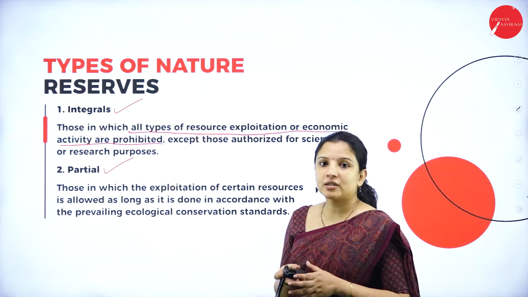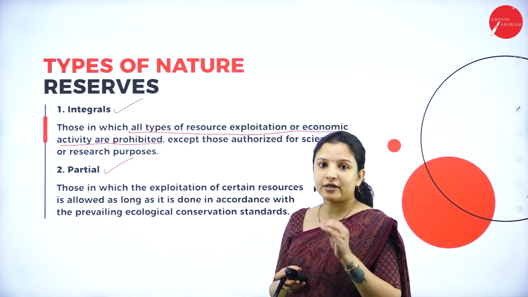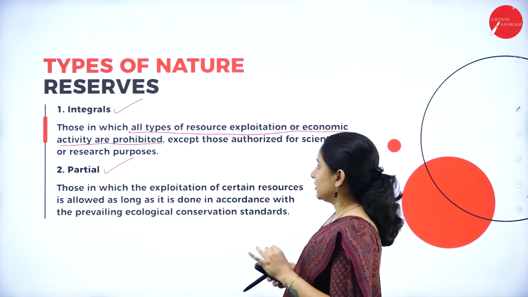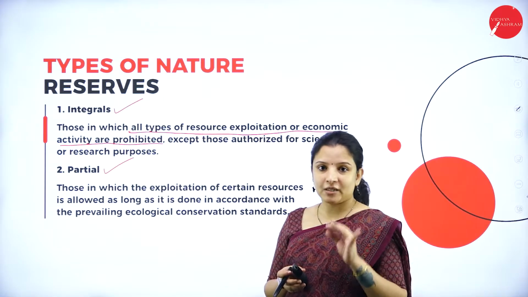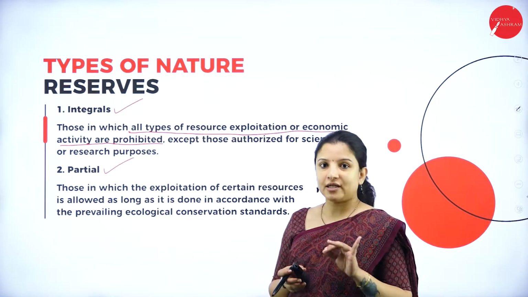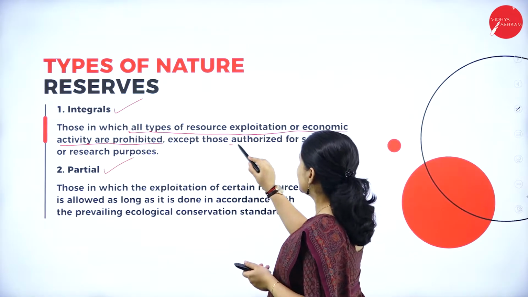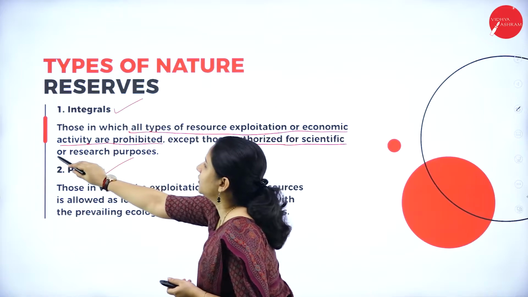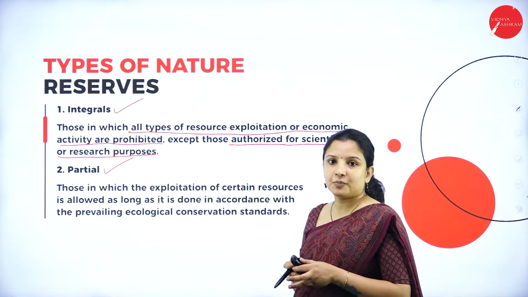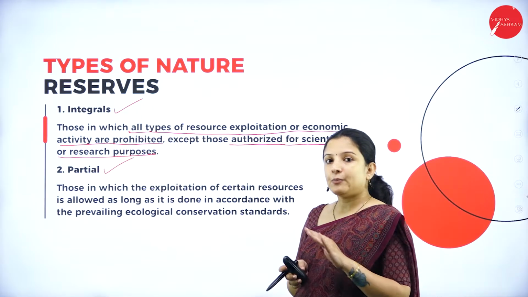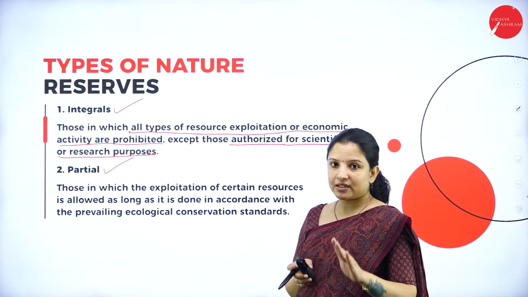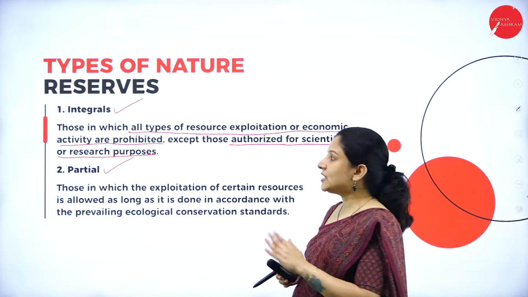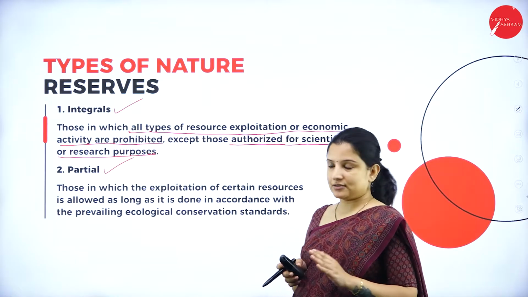The public are not allowed into these areas except those people who have the authority, that is the forest officials, those authorized for scientific or research purpose can enter into that particular nature reserve. Apart from that, no other public is allowed or no other recreational activities is allowed in the integral nature reserve.